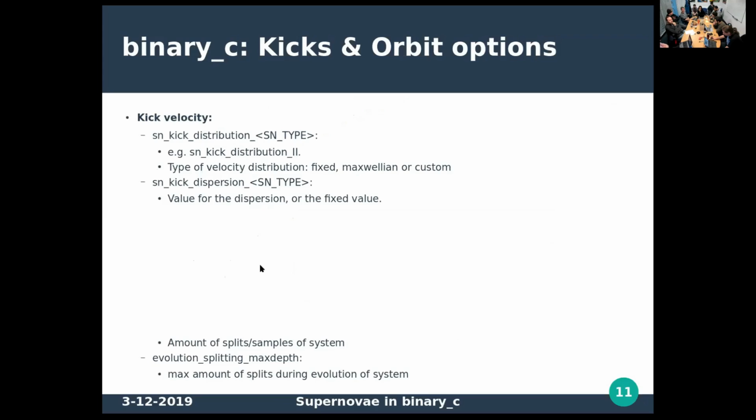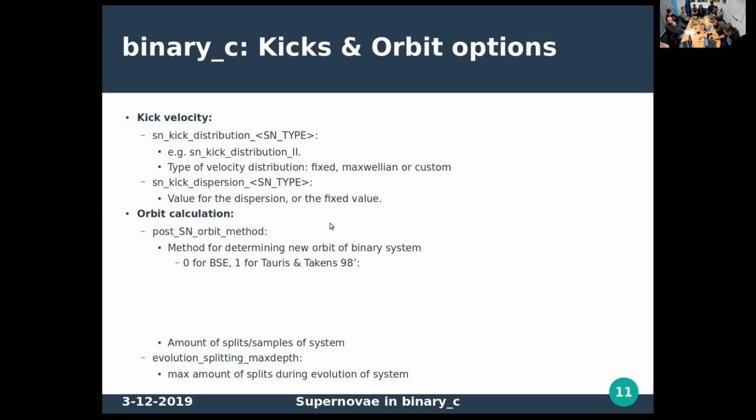As you can see here, there's supernova kick distribution and then supernova type, whatever you want to put in there, and you have options for which type you want to use, either Maxwellian, fixed, which might be a zero kick or whatever, or a custom double Maxwellian, for example. And then the second option per supernova type is the kick dispersion that you can put in. And there are options for the orbit calculation. One is for the original BSE, and the other is Tauris.